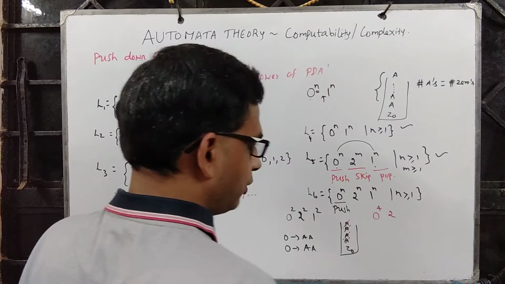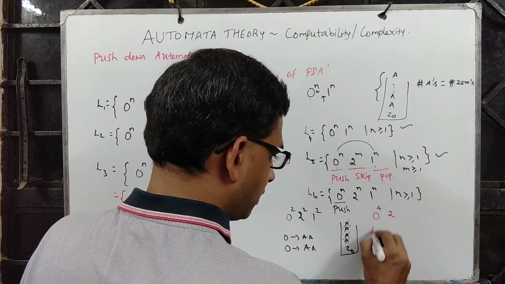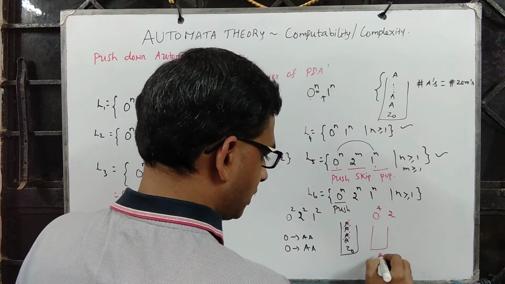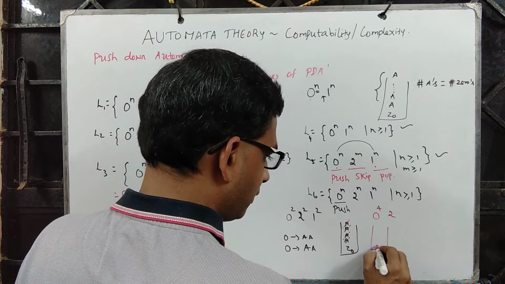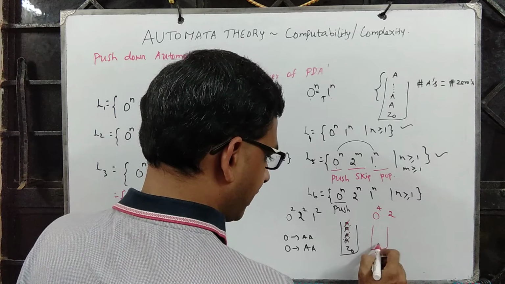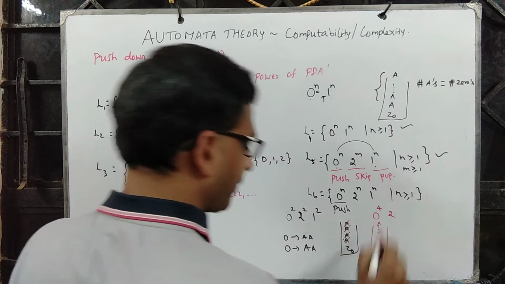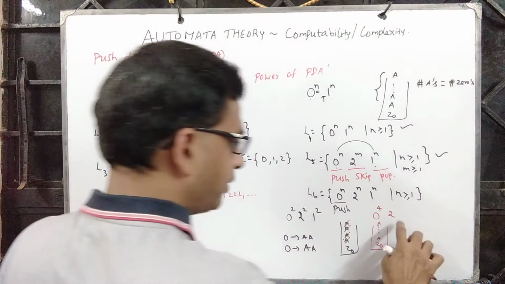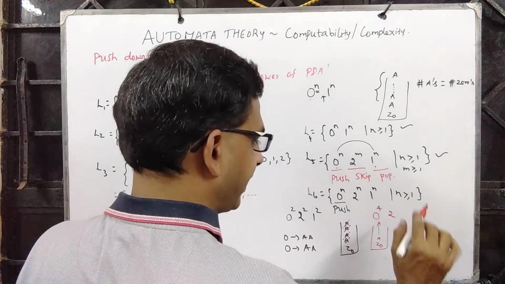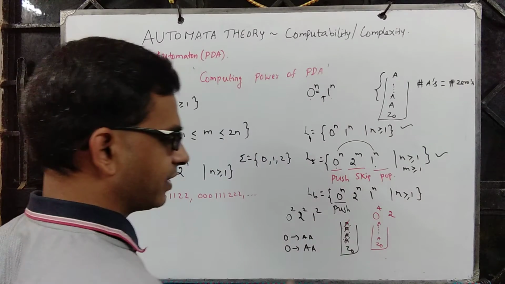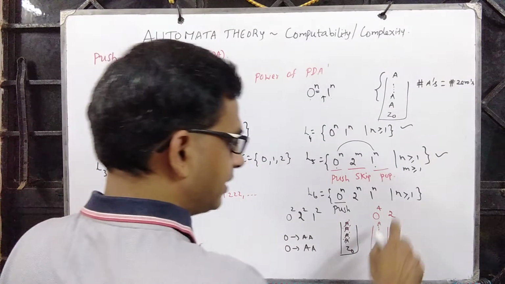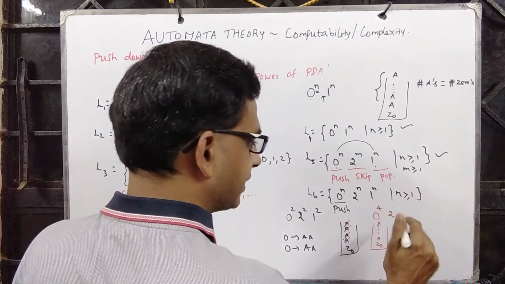And it is 0 power 4. So now what will we do? There will be 8 A's on the stack, and the sum of these two should give you 8. That's all we check, correct? Whether this is 4 and this is 4, we are not checking.